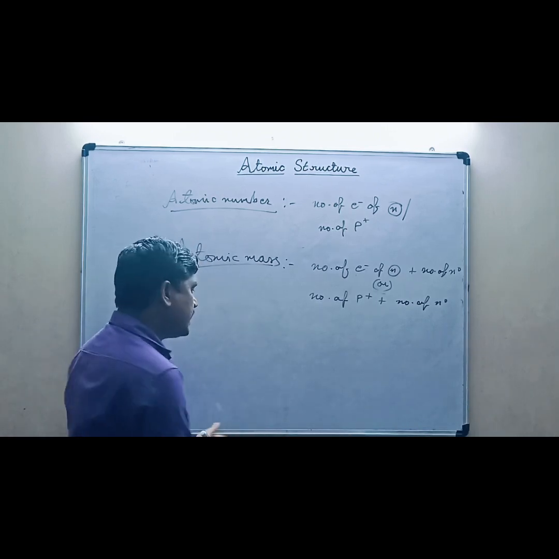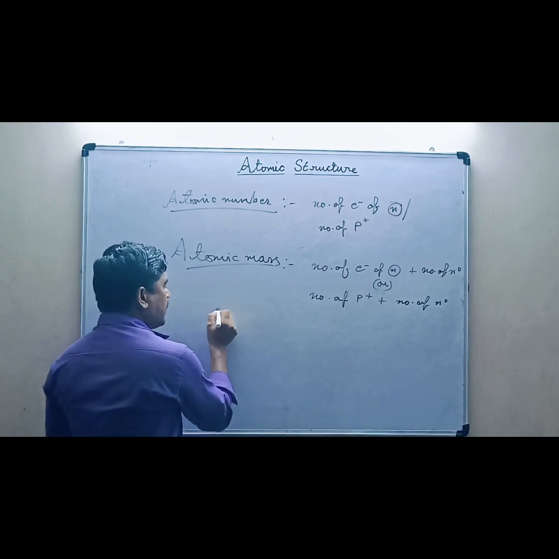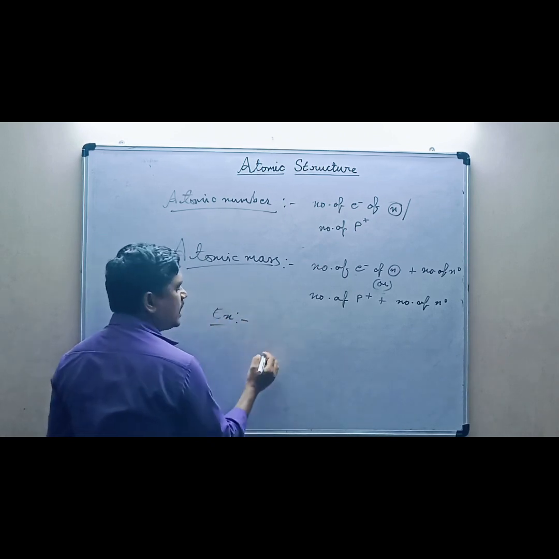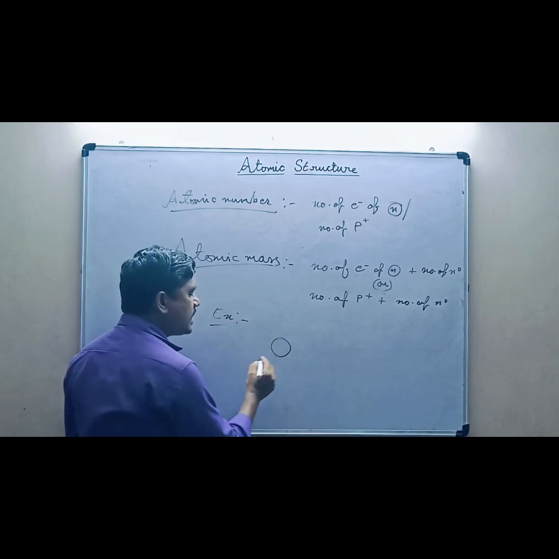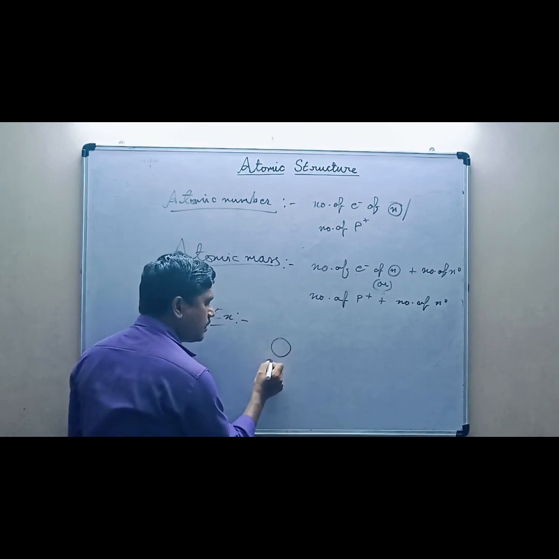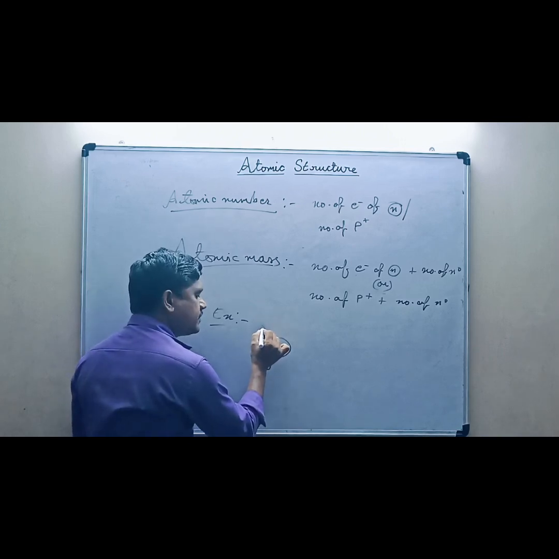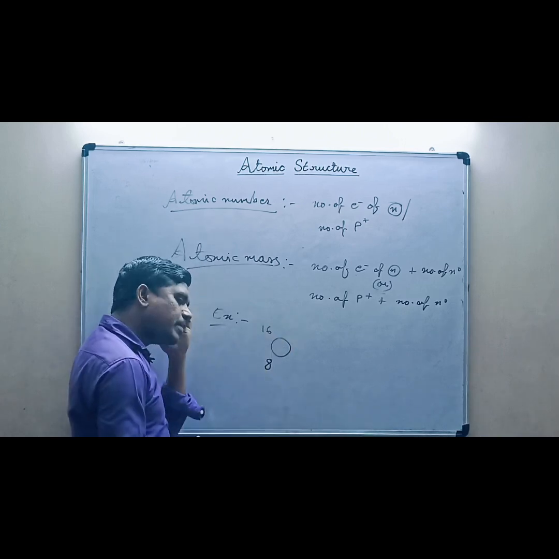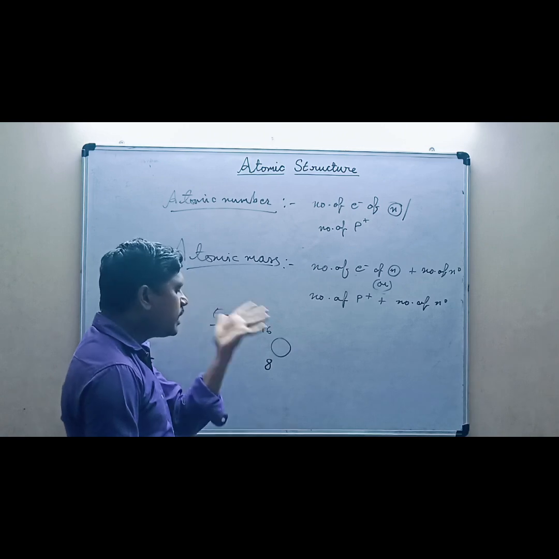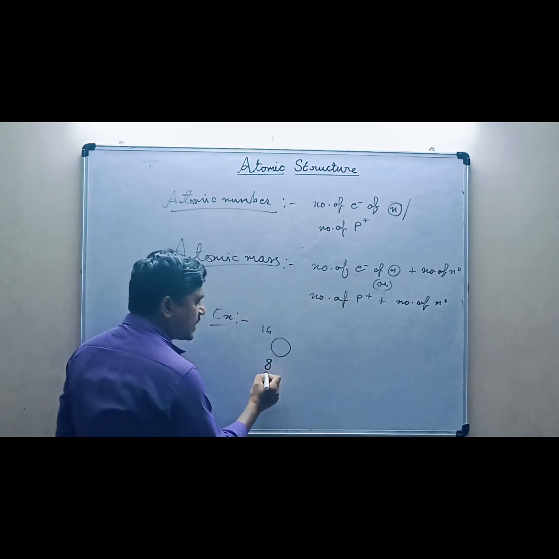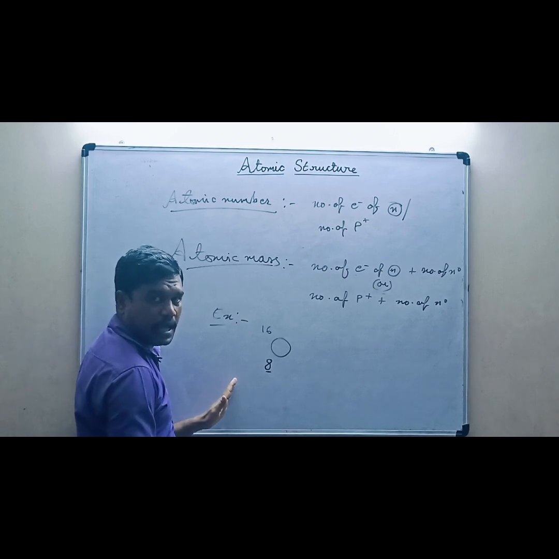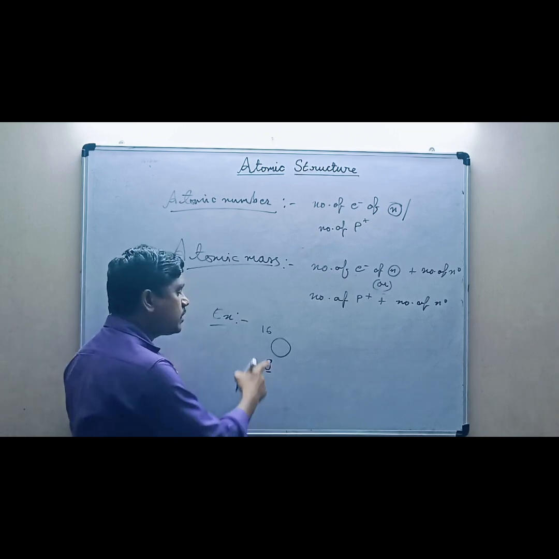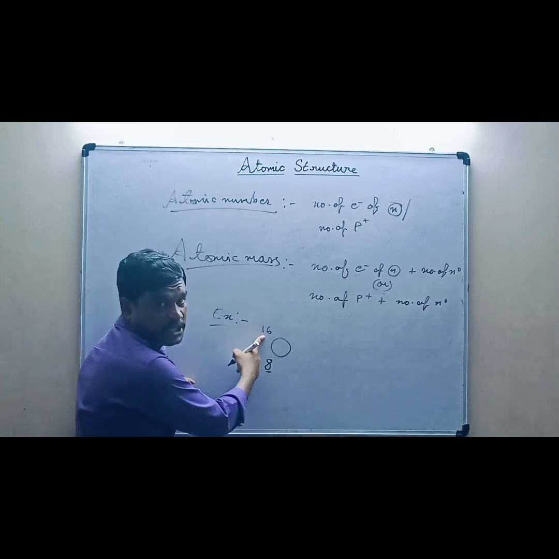For example, to understand, I am taking oxygen as an element. It has an atomic number of 8 and a mass number of 16. Please remember, atomic number is always mentioned as a subscript at the bottom left, and atomic mass is mentioned on the top as a superscript.